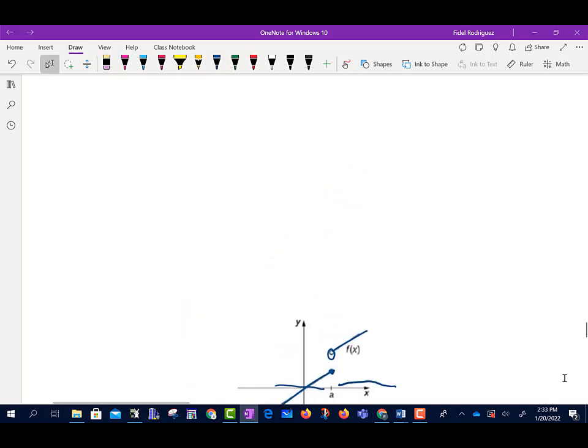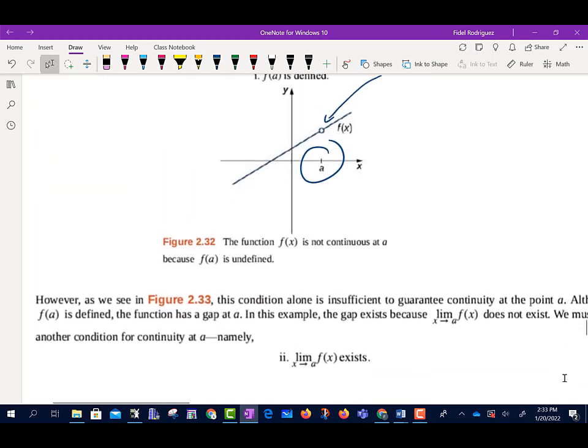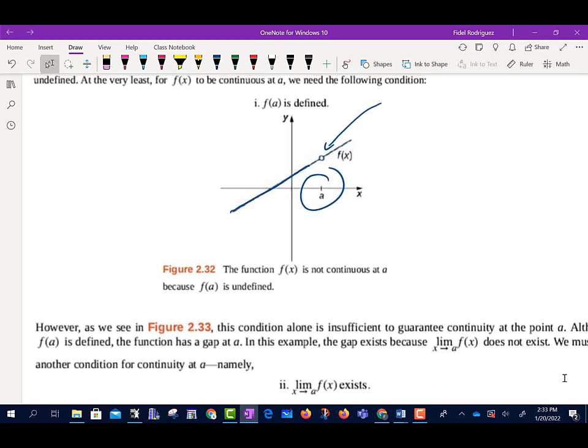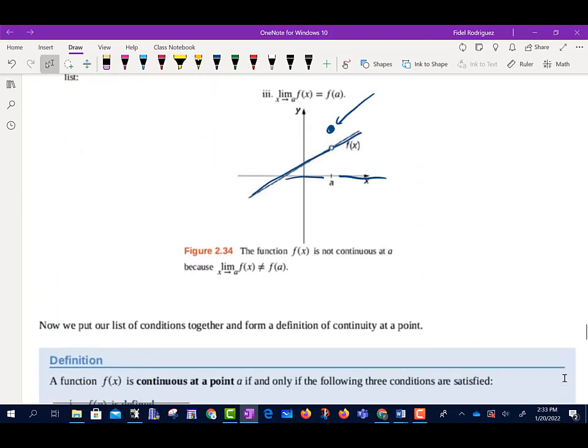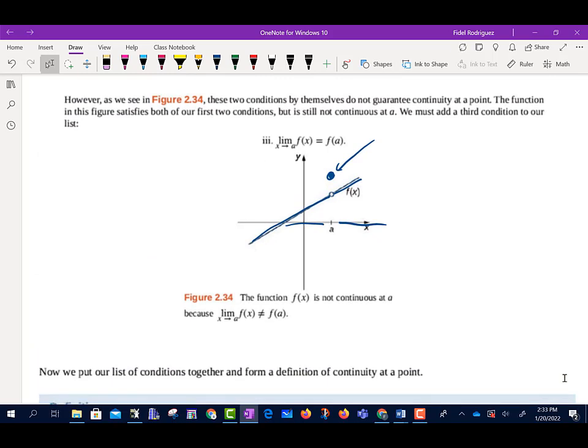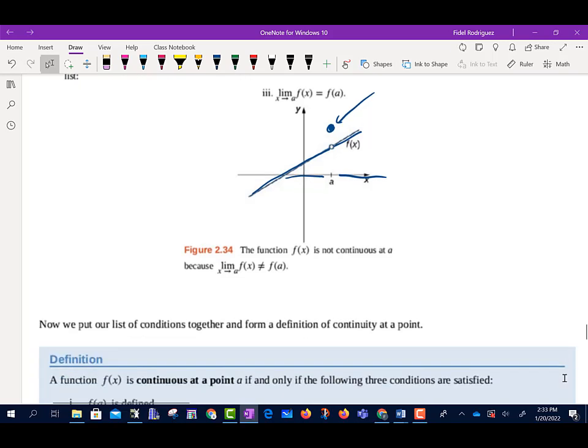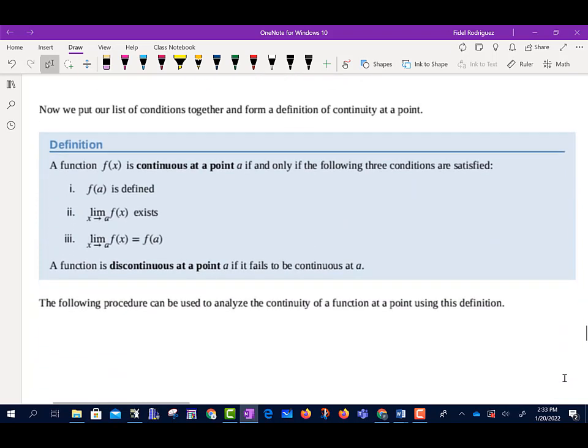I'm having to take my pencil off the paper. And even with this one, I'm coming in, and then I have to stop and jump over. So intuitively or informally, a function is continuous if you can draw the graph without taking your pencil off the paper.